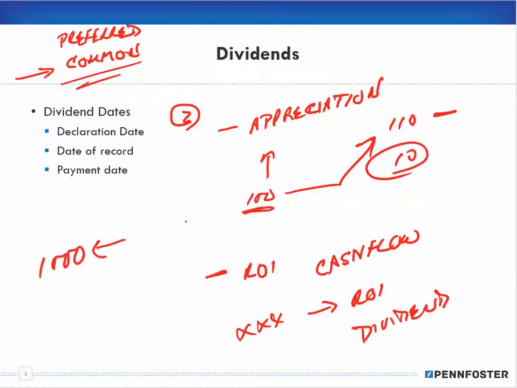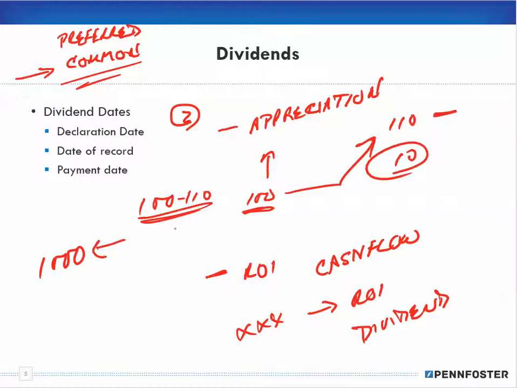Now, corporations pay attention to dividends. They are aware of the appreciation of the price of the stock. But if a stock is trading at 100 to 110, what sense does it make for me to put my money into an investment that's not going to give me a return?